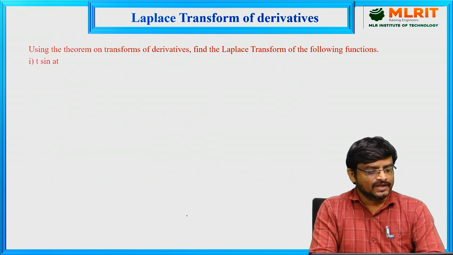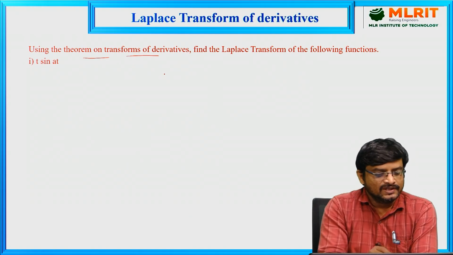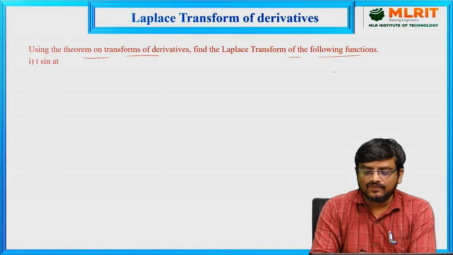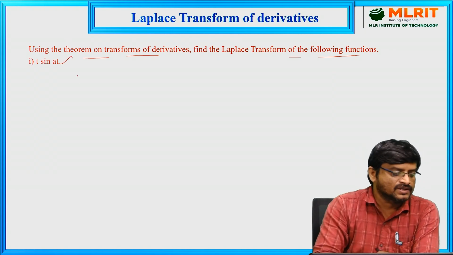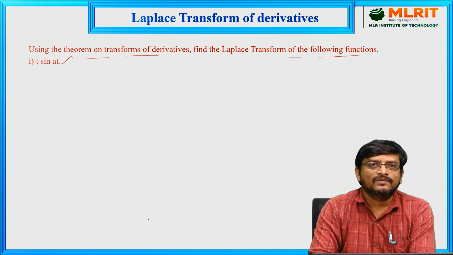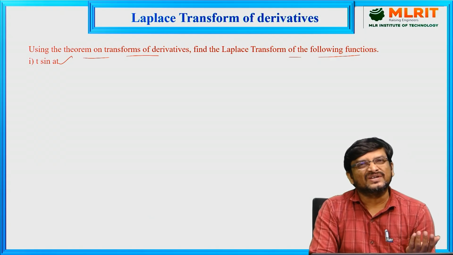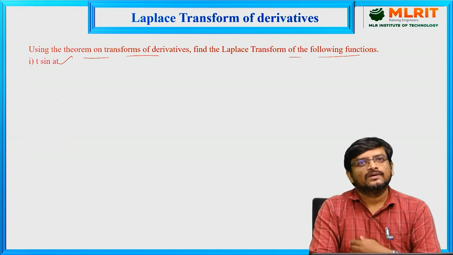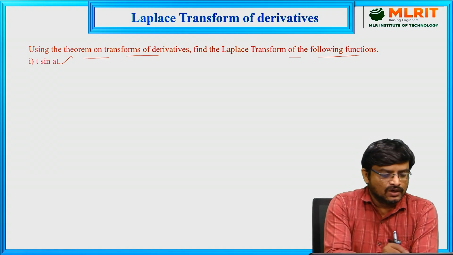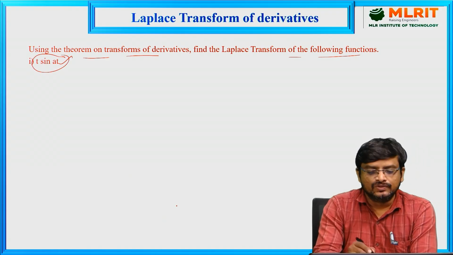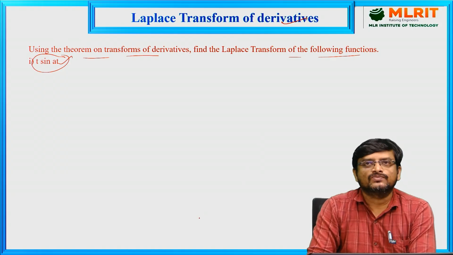So now let us take: using the theorem on the transform of derivatives, find the Laplace transform of the following functions. I will take the function t into sin at. Whenever any function is multiplied with t, we will see how to find the Laplace transform of t into sin at using the Laplace transform of derivative formula.